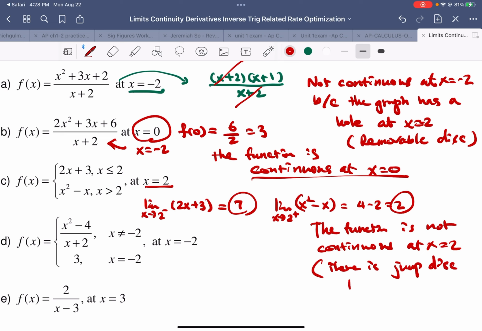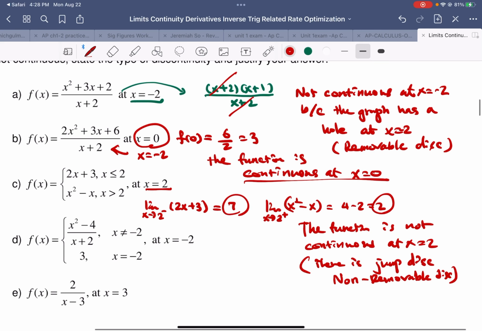Or you can say non-removable discontinuity at x equals 2. Okay? That's how I'm going to say it. And then they are not equal, so that's the justification. They're not equal, then there's a jump discontinuity.